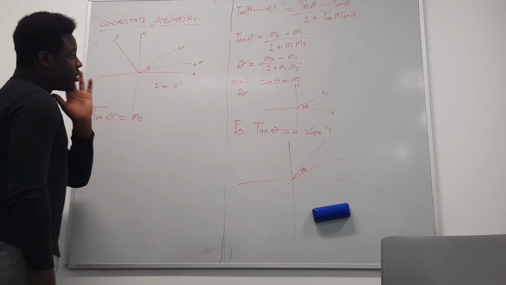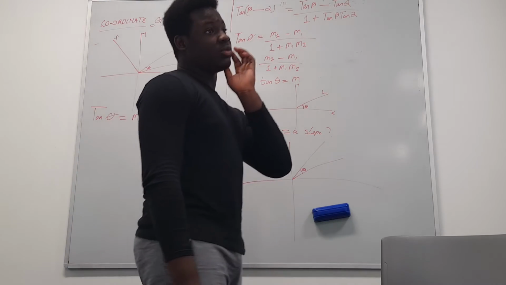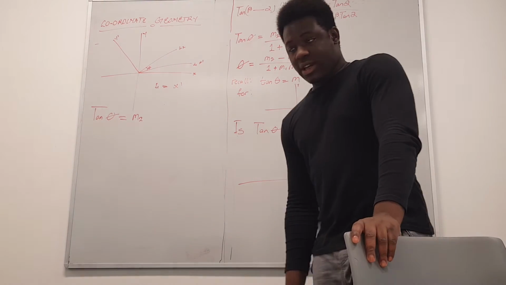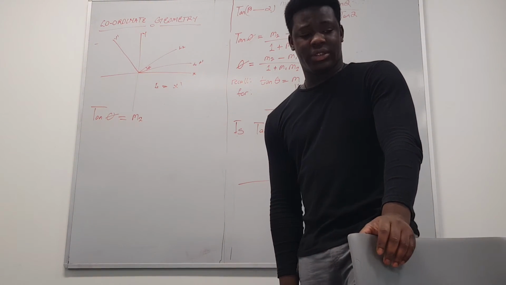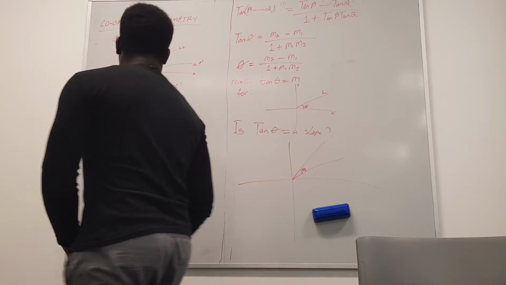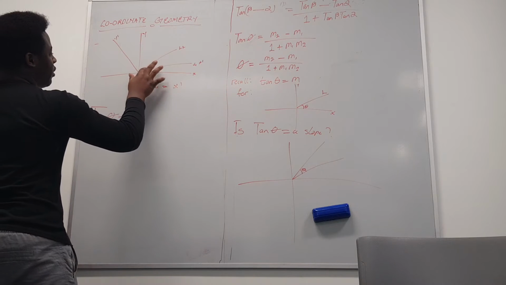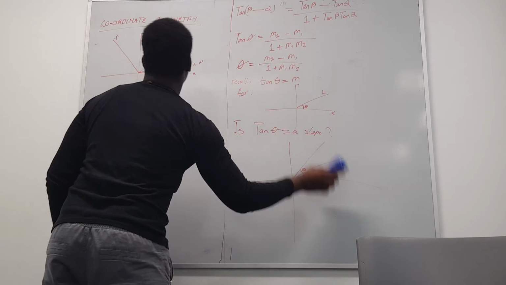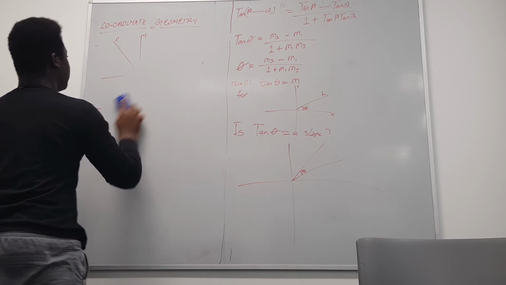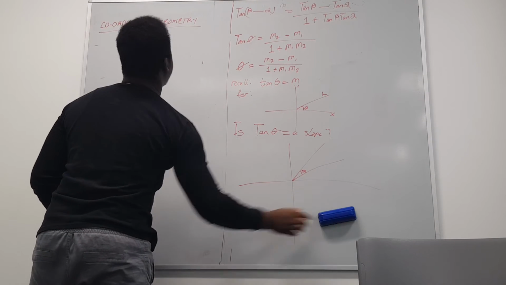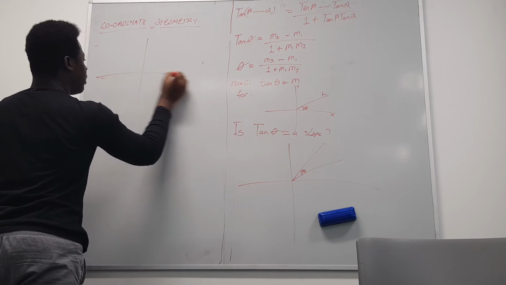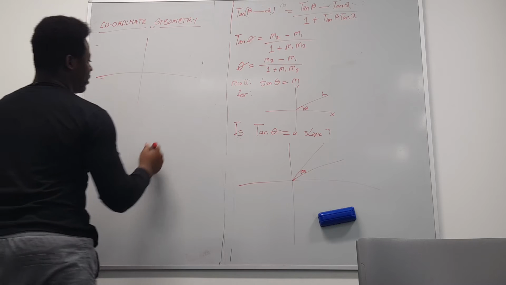Now let me show you some common coordinate system transformations. If you have two coordinate systems where the angle differs by some variable theta, let's erase this line and draw it again. We have our normal coordinate system that we all know. The angle between the x and the y axis is 90 degrees.